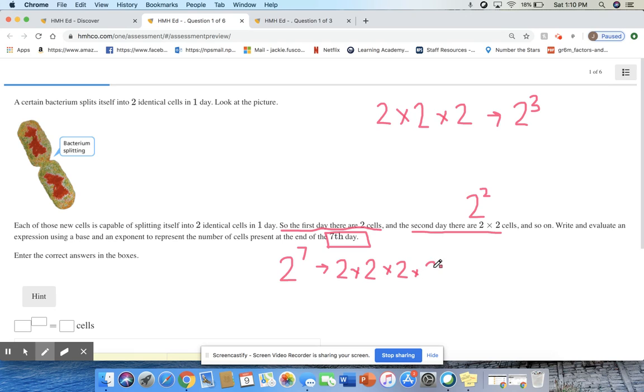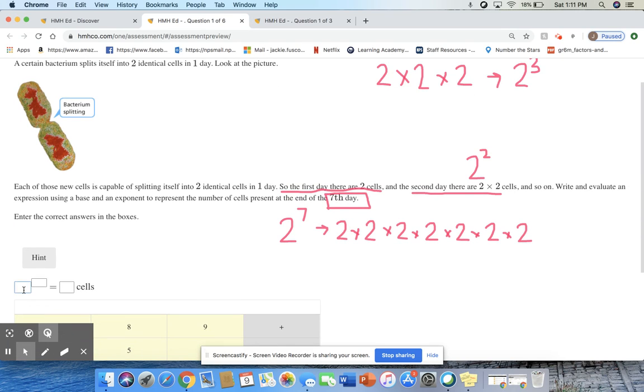My fourth day multiplied by another 2. My fifth day, my sixth day, and my 7th day. And I know that this repeated multiplication can be written as 2 to the 7th power. So my answer would be 2 to the 7th power.